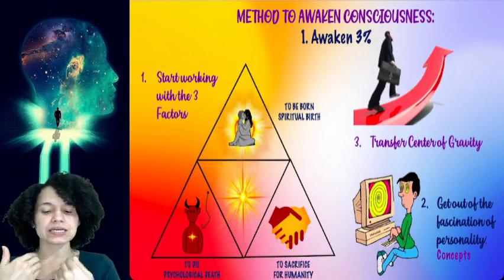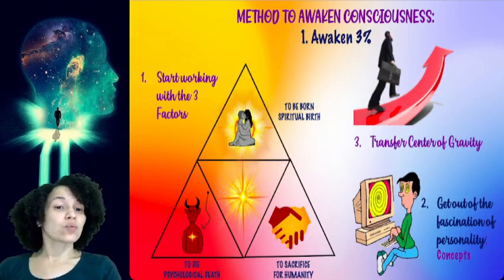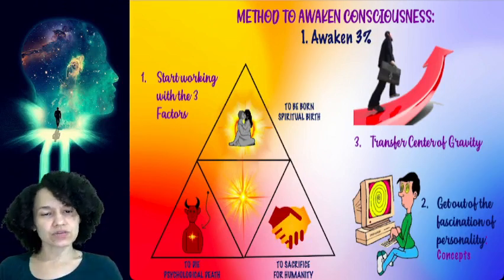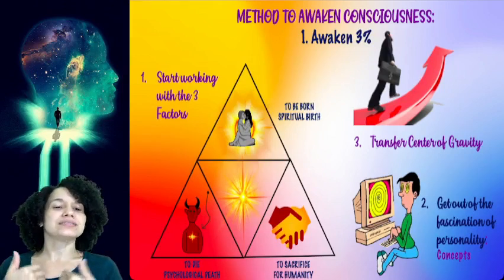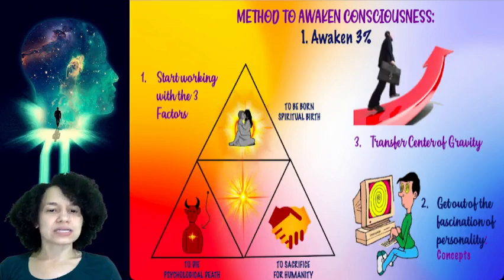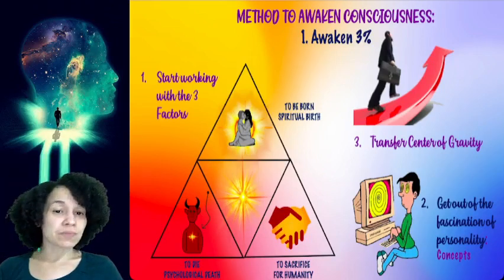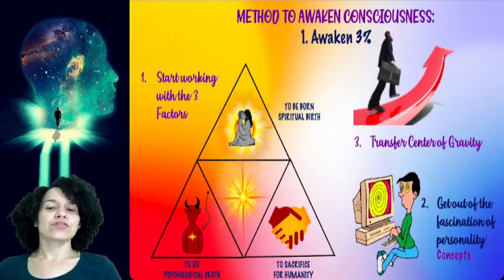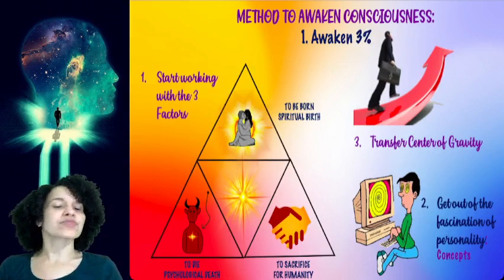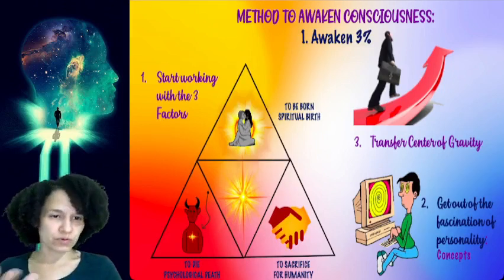Our spine is the stairway to heaven, and our 3% awakens and begins to direct all of our energy and the essences that we are releasing with the psychological death. So that essence starts being awakened in the superior dimension. So another portion of our 3% is awakened in that process of the spiritual birth.